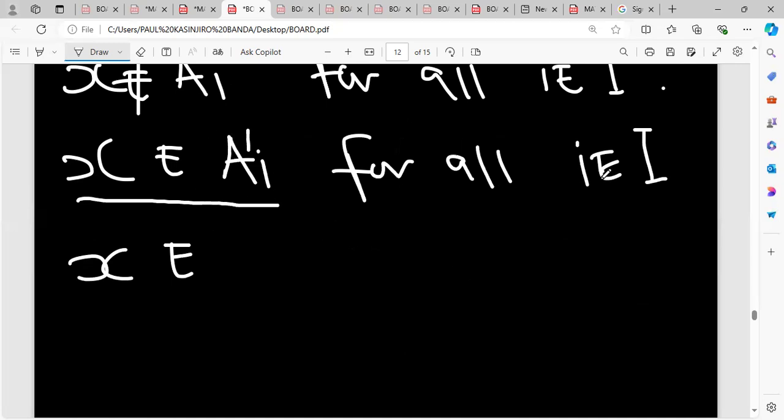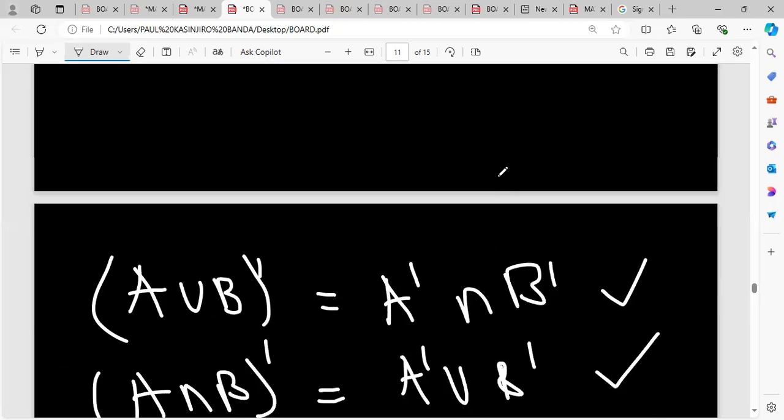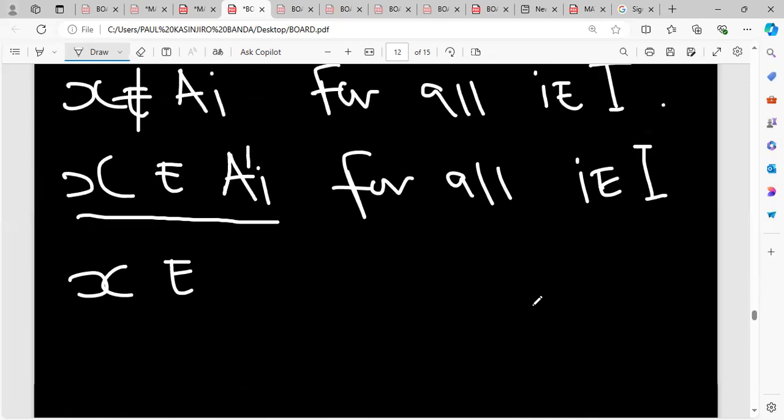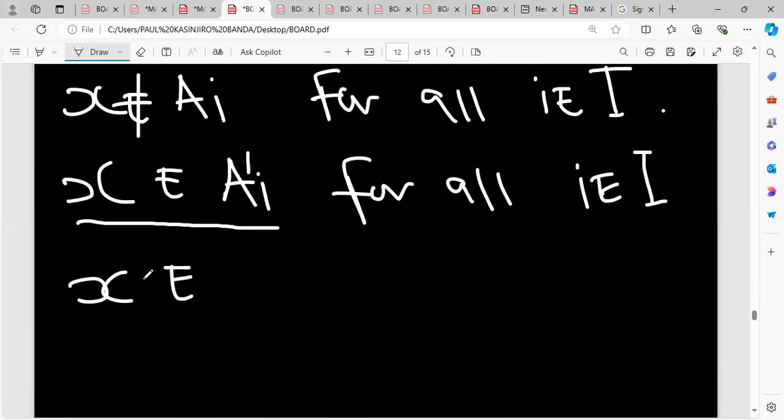So remember the definition for the intersection: x should be a member of each of these for all i. Here we can see that x is a member of the A_i complement for all i, so it means x is simply a member of the intersection over all the i's in I of the A_i complement, like that, right?